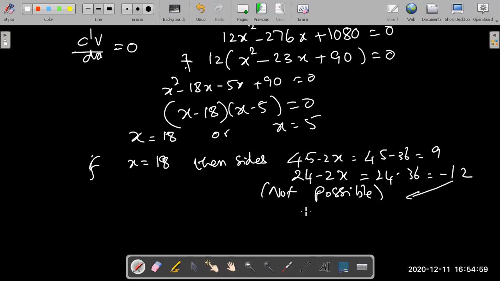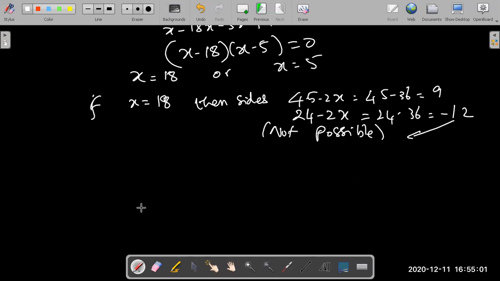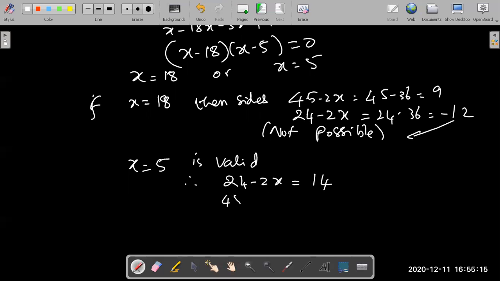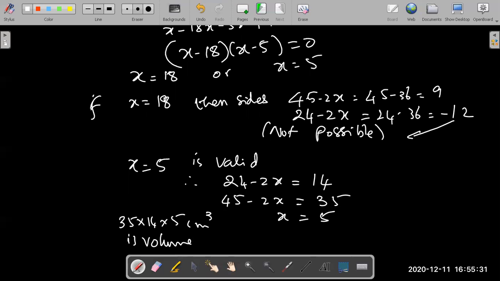So the other value, x equal to 5, must be valid. Therefore, 24 minus 2x is equal to 14, 45 minus 2x equal to 35, and x is equal to 5. So 35 by 14 by 5 centimeters cube is the volume, or each side is as given.